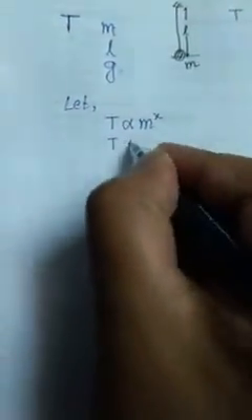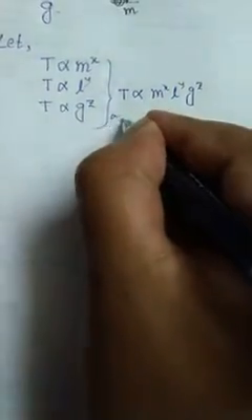Okay, so let's say I am taking it like this: t is proportional to m to the power x. So if t is proportional to m, then x will be 1. If t is inversely proportional to m, then x will be minus 1, like this. And t is proportional to L to the power y, and t is proportional to g to the power z.